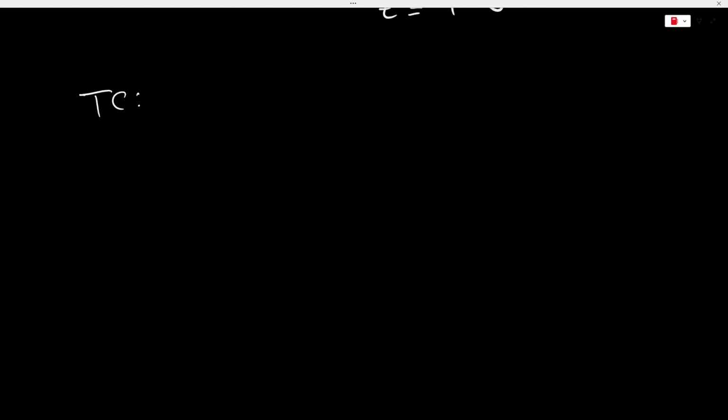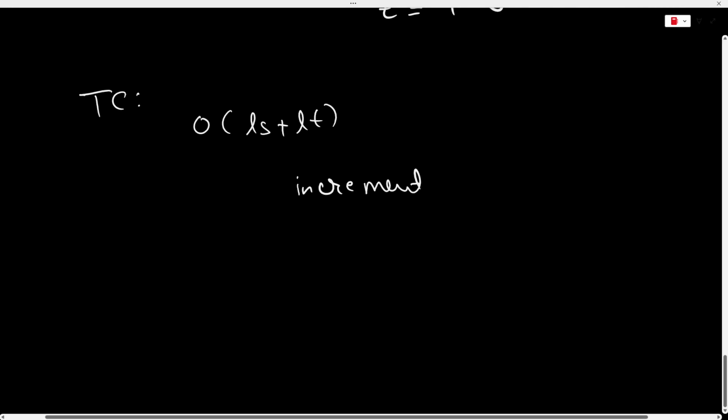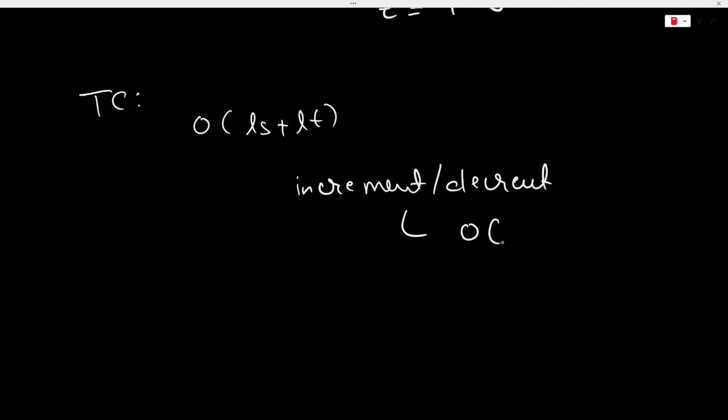Time complexity here is O of ls plus lt, because we are traversing both the strings s and t, and increment decrement operations take O1 average time in a hash map.